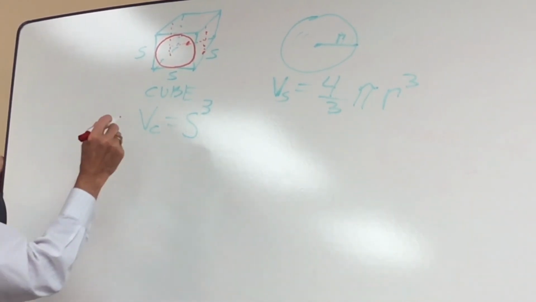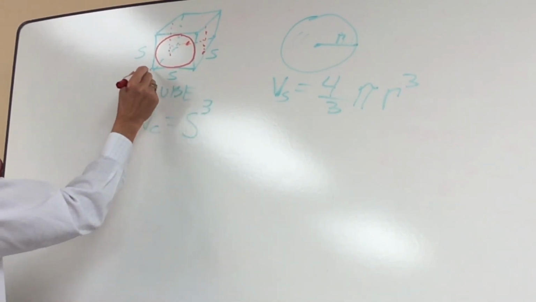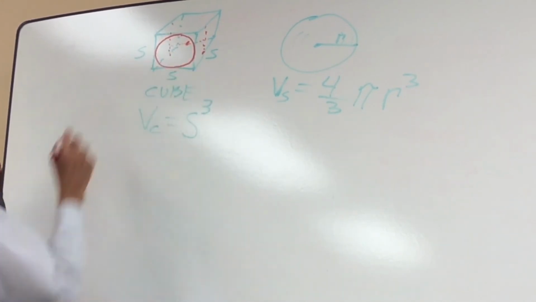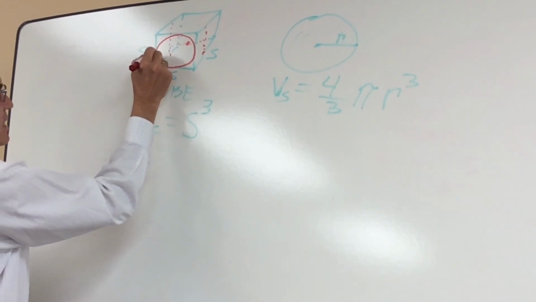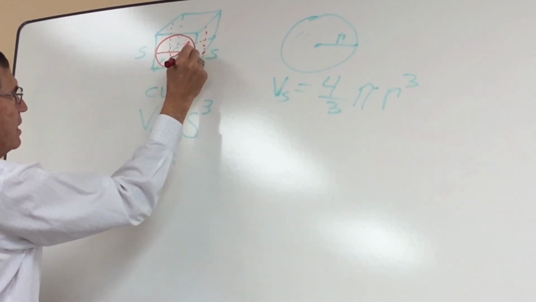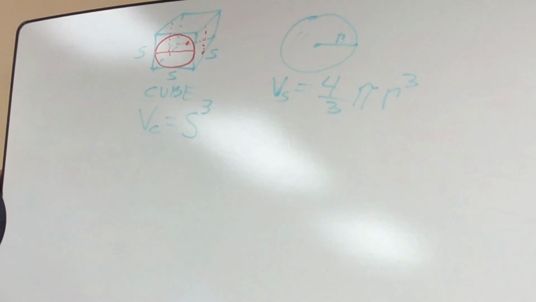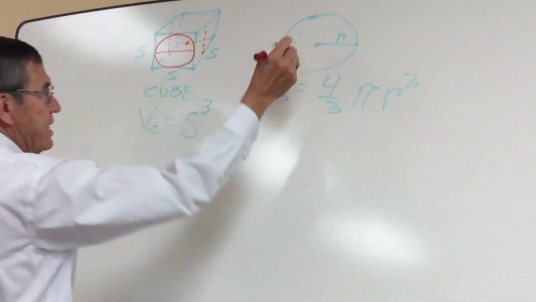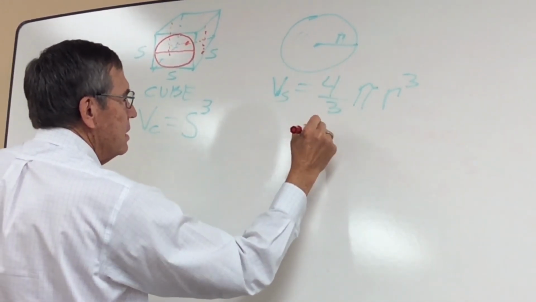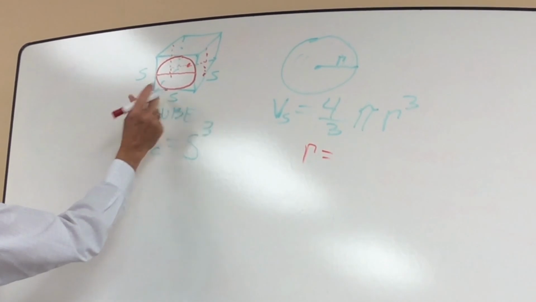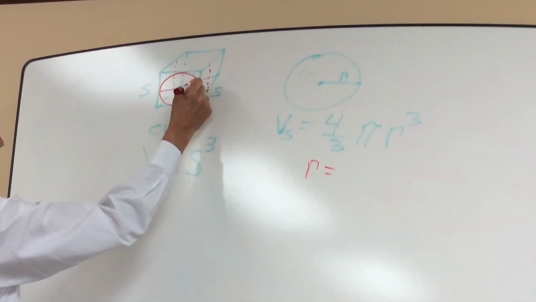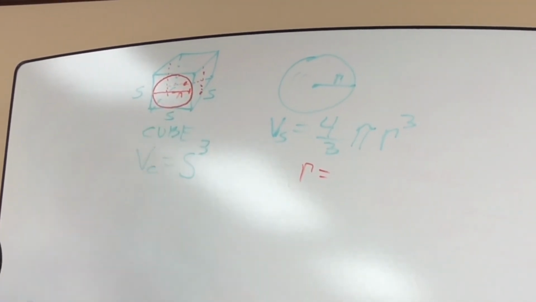So what we can say is that if the side of the cube is s, then it is exactly the same as the diameter of the circle, which is the projection of the sphere. So the radius of the circle is going to be half of the side.